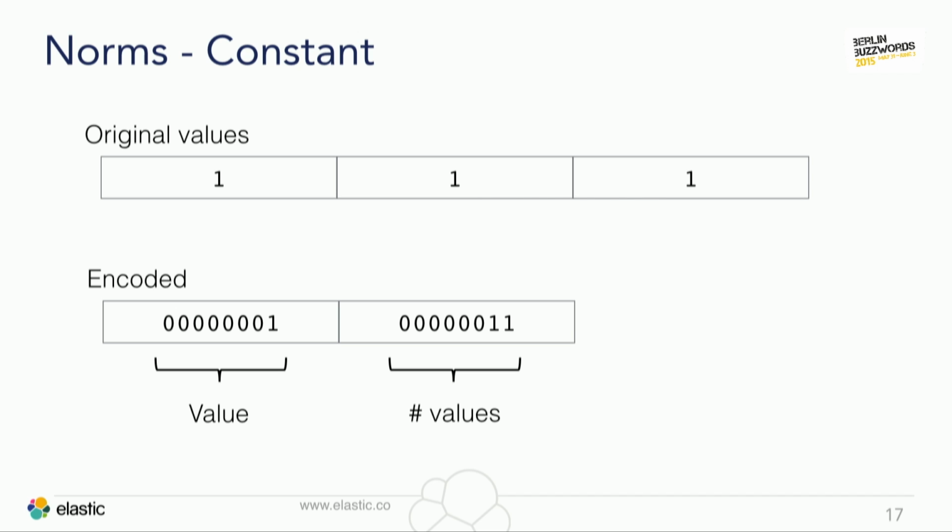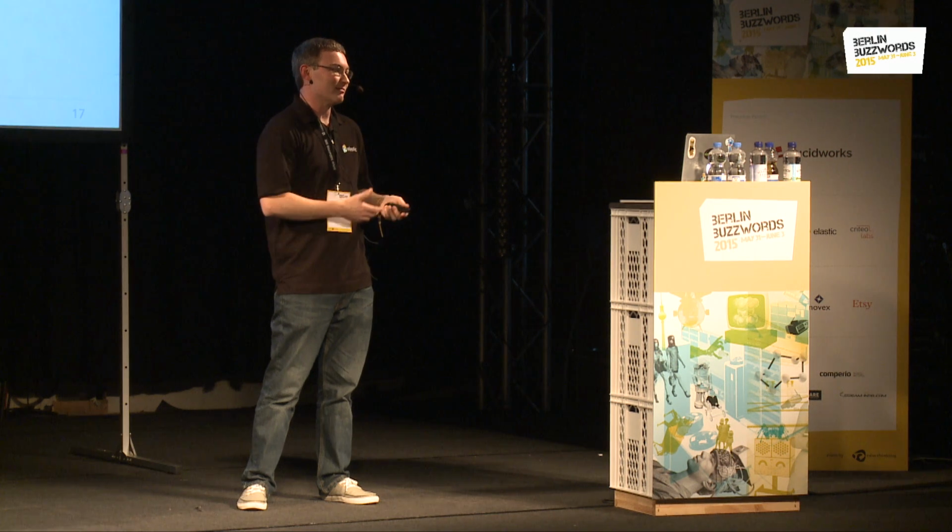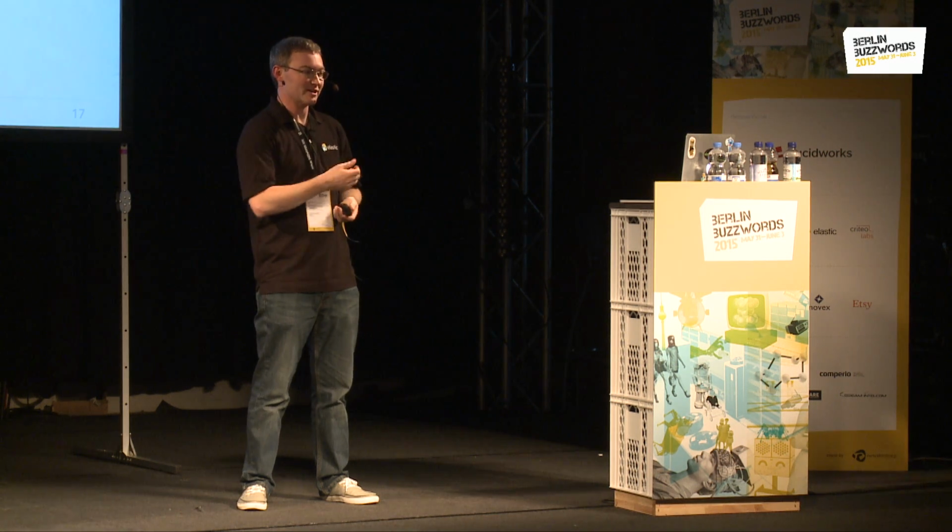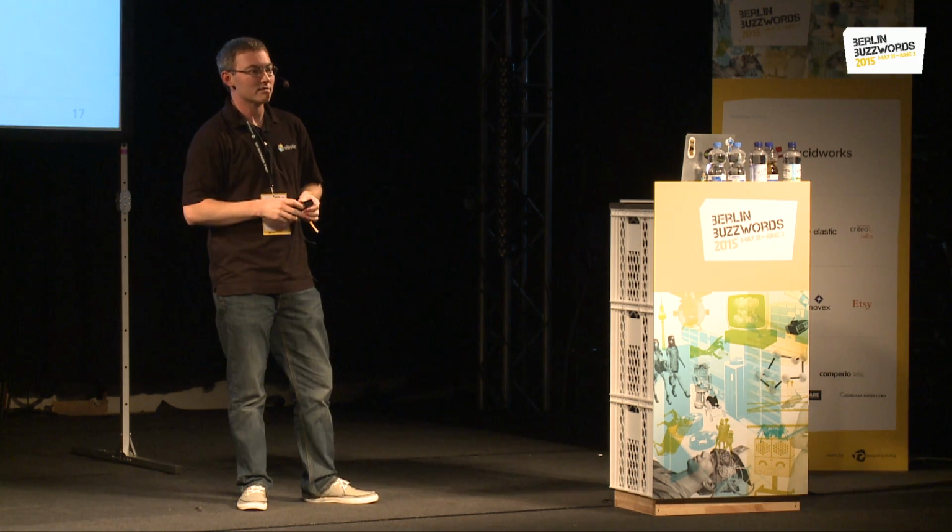This is for cases where, let's say I accidentally enabled norms for a field and I didn't mean to, and all the values are just length 1, right? So every single one of these documents is going to have the exact same norms value. And so for this edge case, we have a special encoding which just first detects that all the values are the same, and then just says, hey, this is the number of values we had, and here's that one value.